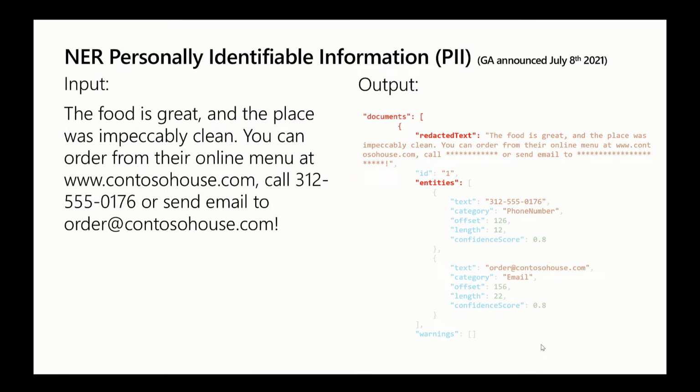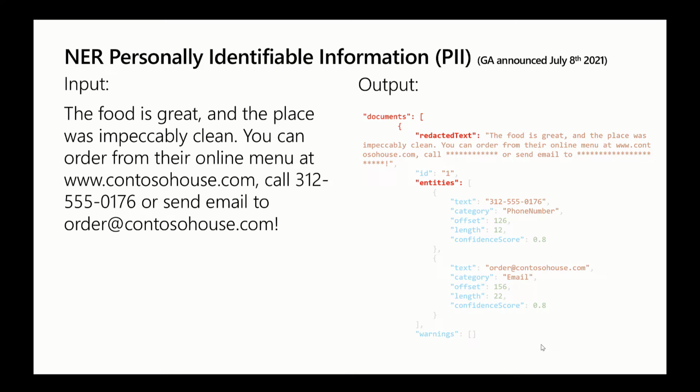NER also has a PII and PHI offering, so you can actually send text which has any PII information, and then it will be redacted, and you can use the redacted text going forward if you have privacy related information in the document and you have to depersonalize these documents.